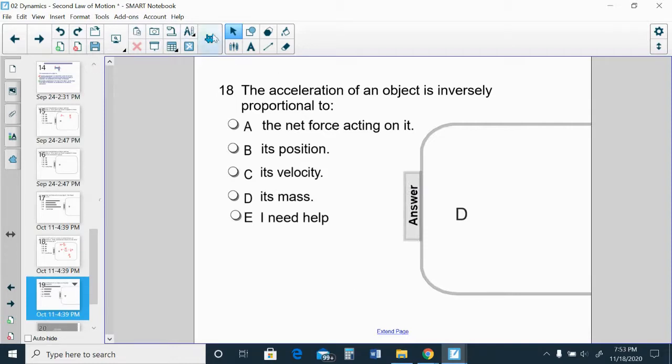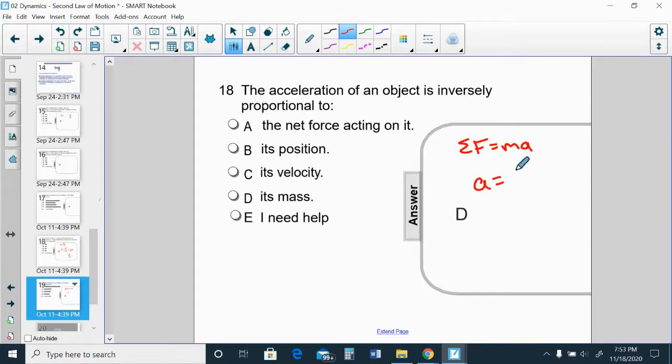So remember, when you rearrange Newton's second law, F equals ma, a is equal to net force divided by mass. This is showing an inverse proportional relationship. So the answer is D.